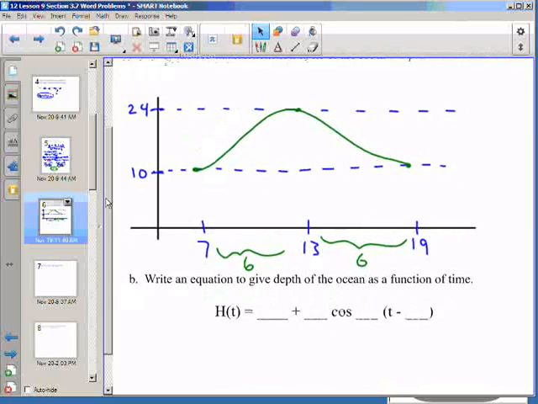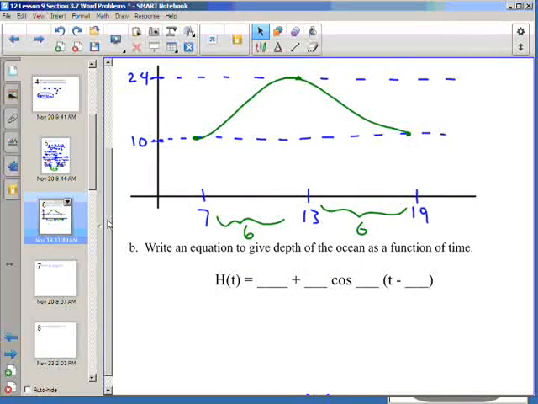And I'm going to write the equation here. To find the sinusoidal axis, you can just get the average, 10 plus 24 divided by 2. So that's 34. Half of that is 17. And you go up and down 7 for the amplitude. The starting point for the cosine curve is at its peak, its highest point, and that's at 1300 hours.